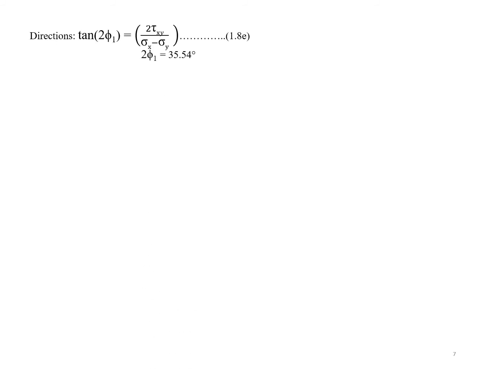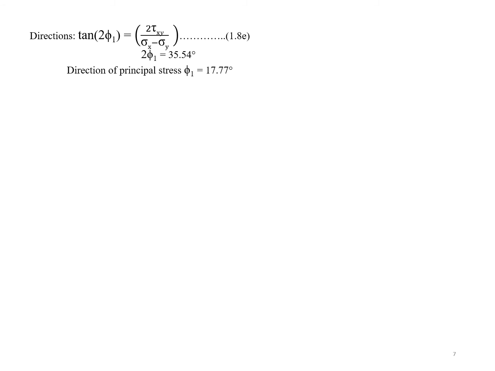Coming to the directions of these principal stresses, you can get that from the equation tan 2 phi 1 is equal to 2 times tau xy divided by (sigma x minus sigma y). If you substitute this, you get the value of 2 phi 1 as 35.54, so phi 1 is given by 17.77 degrees.